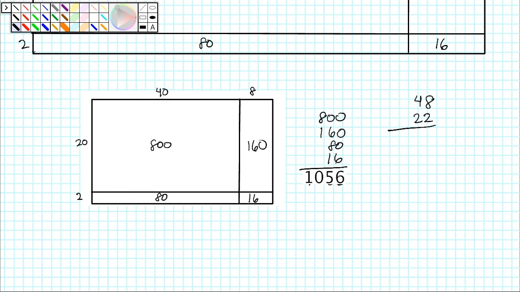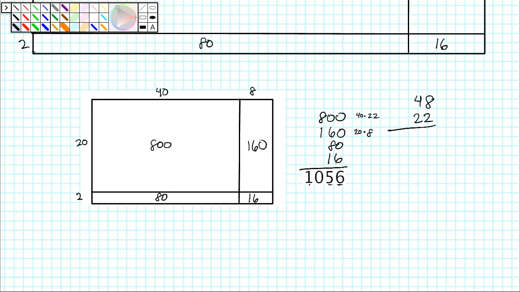You can start on the left on the top one and go the other direction as long as you're writing all 4 of those terms. Notice that this here, this is 40 times 22, which is these two added up, or multiplied. And this one is 20 times 8, which is these two multiplied.